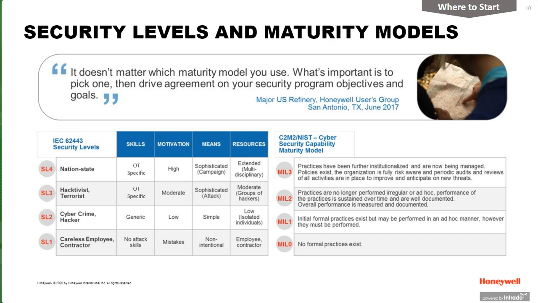Understand what security level you're targeting, and understand that there are different maturity models as well. Hopefully you're not at maturity level 0, which is no formal practice exists today, and you want to continue to improve your maturity, improve your cybersecurity posture, so that you climb the maturity model.